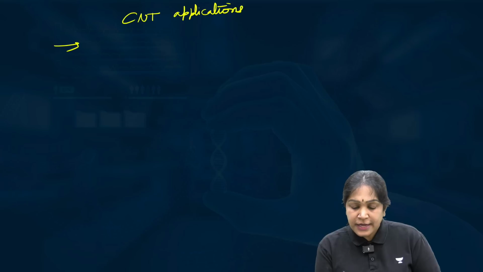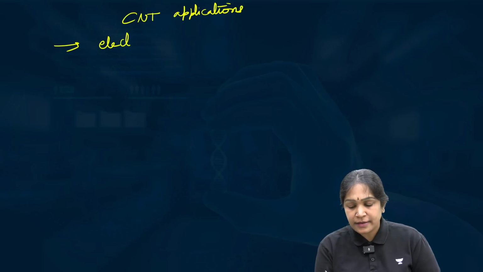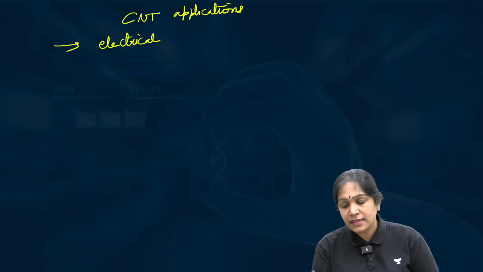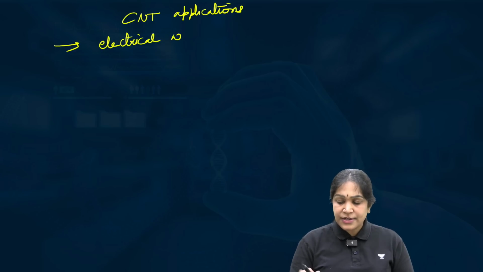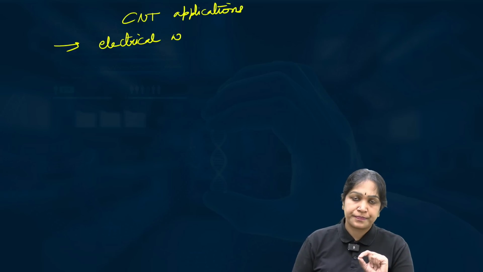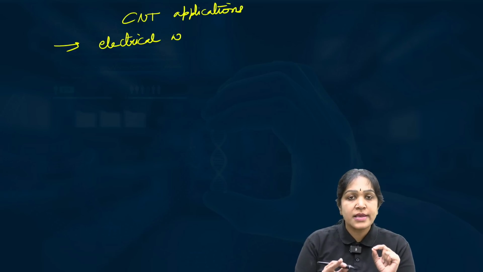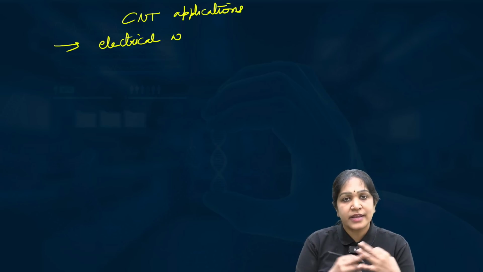Okay, we can use them in electrical wiring. Why can we use them in electrical wiring? What is the common element used in electrical wiring? Copper. The advantage with copper is its good conductivity, but the disadvantage is it is a very soft metal.